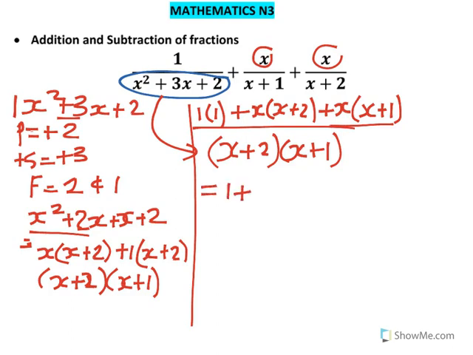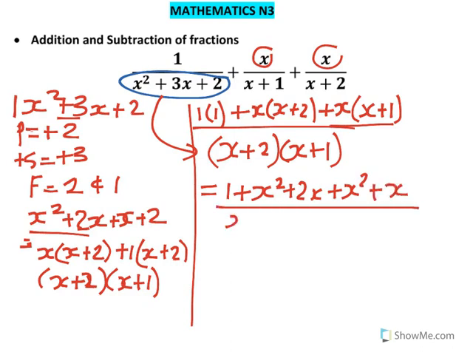You will have 1 plus, open those brackets, you will have x squared plus 2x plus x squared plus x all over x plus 2 and x plus 1. If you continue to add what is common, x squared plus x squared, you are going to have 2x squared plus 2x plus x.